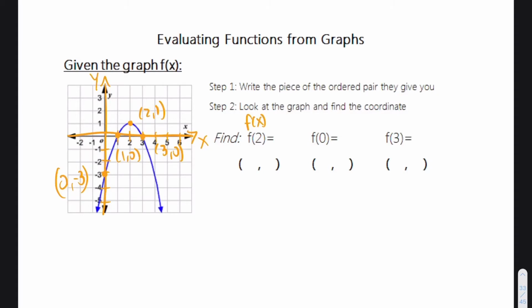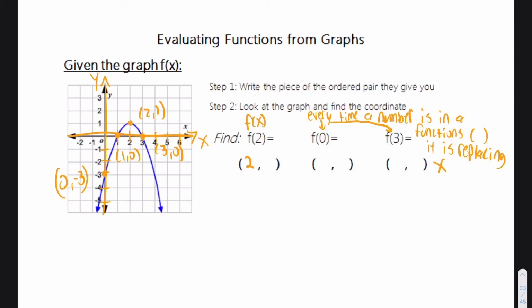Every single time you see function notation, whenever they draw that parentheses, every time they put a number inside of that parentheses for a function, it's replacing x. So that means that when they gave you f of 2, they gave you x.